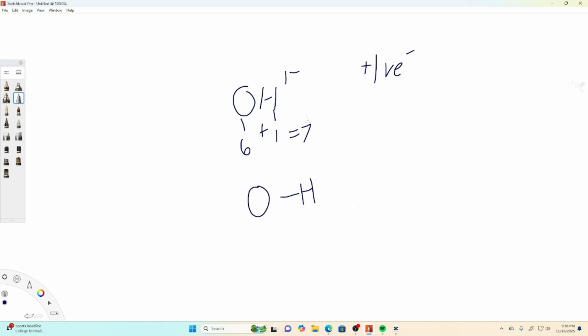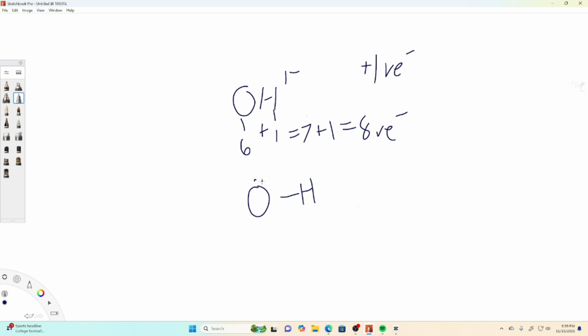So as you know, this does not meet octet for anything, because if there's 7 valence electrons in the molecule, that means that nothing can have 8, because there's not 8 valence electrons in total. But that's where this plus 1 electron comes in, where you do 7 plus 1 equals 8 valence electrons. So this is how many electrons are in this molecule.